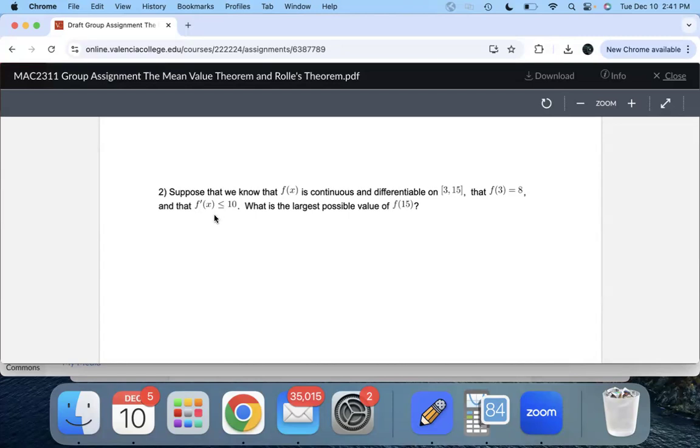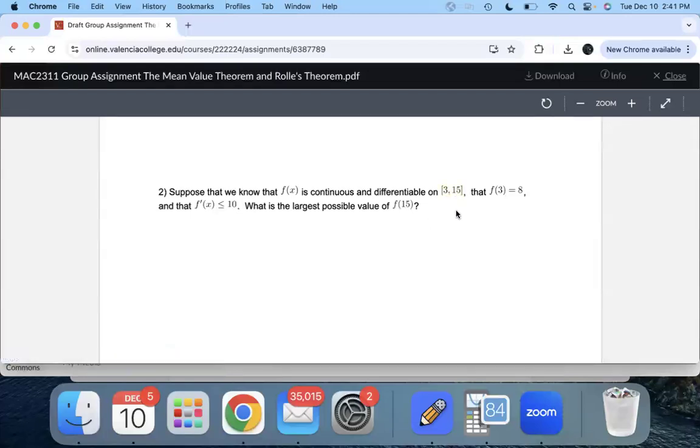So if our derivative only gets so big, our secant lines can only get so big. Again, I'm kind of giving you the answer here. This is the maximum value for the slope of the secant line.